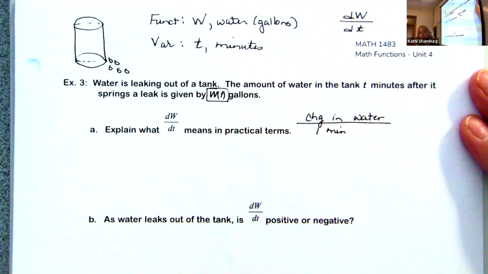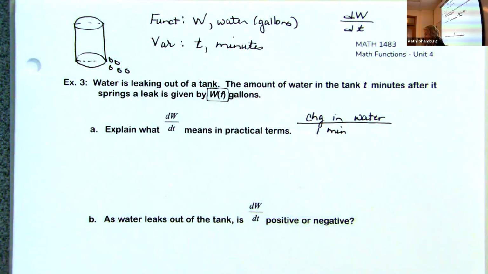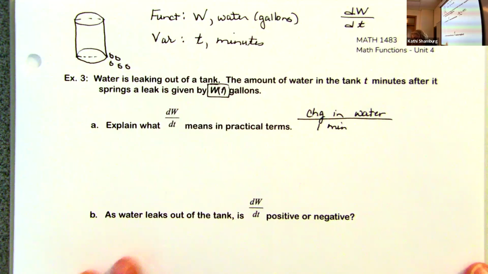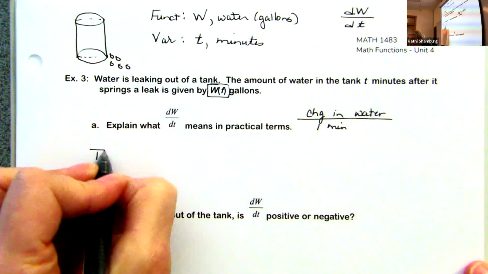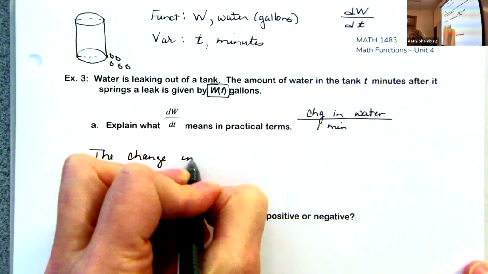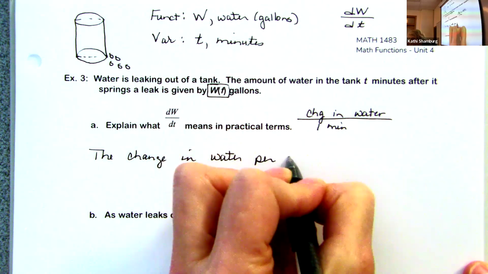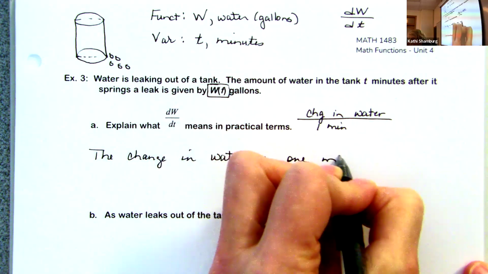Minute. So again, you don't have to write this in the explain, I just, for those that it's helpful to see both. So the change in water per 1 minute.